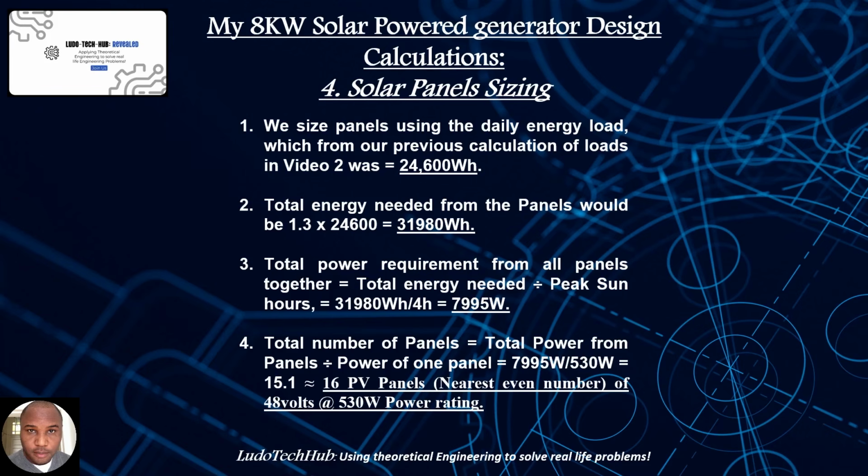The 530 watts is coming from the power rating of one panel. That is why we're having 16 photovoltaic panels that will deliver for us 7,995 watts of power per day within 4 hours of peak sun hours.